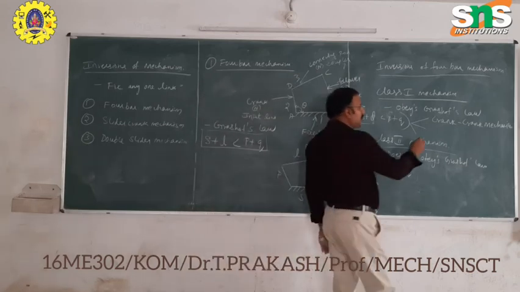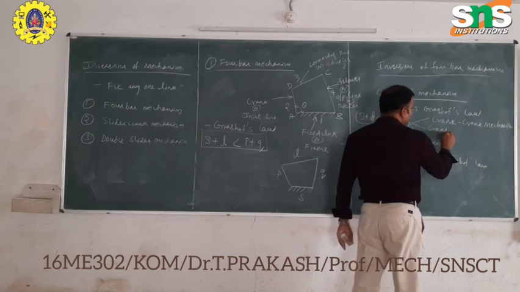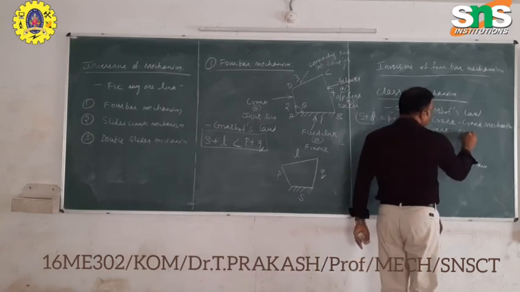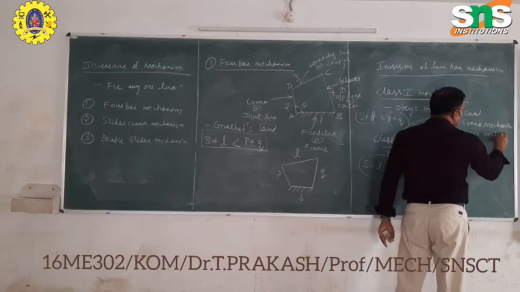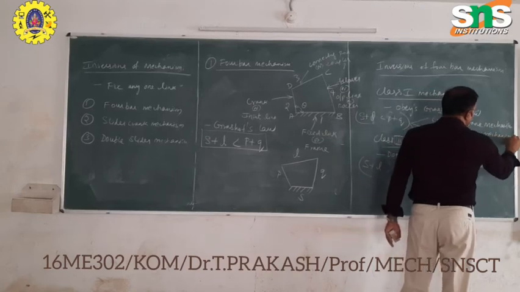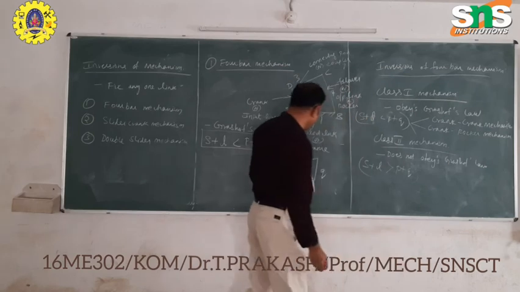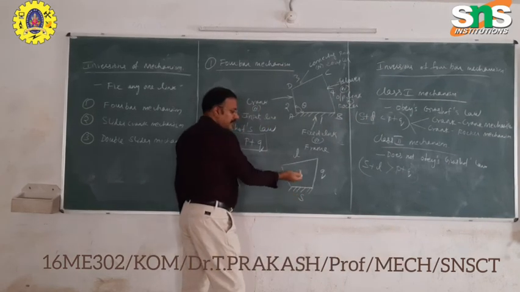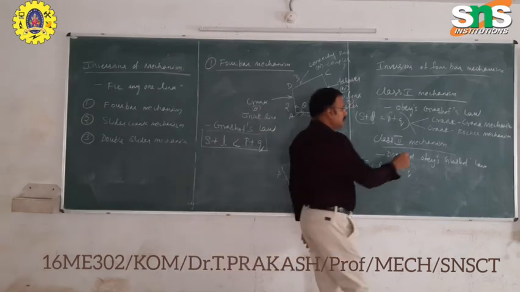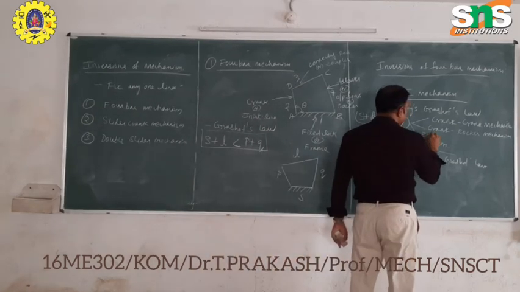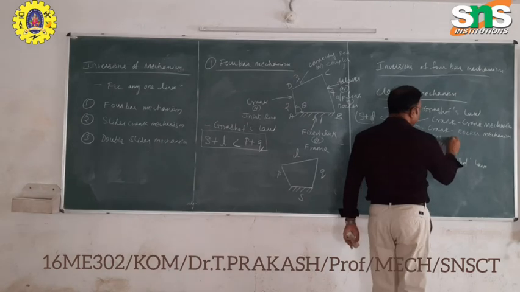It is called a crank rocker mechanism. If we fix the link opposite to the shortest link, it is called a rocker mechanism, an oscillating mechanism.